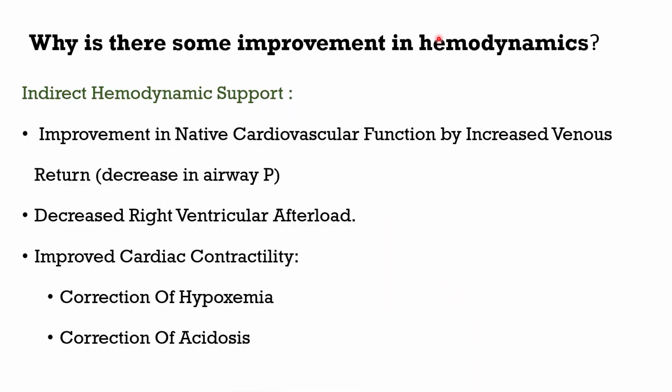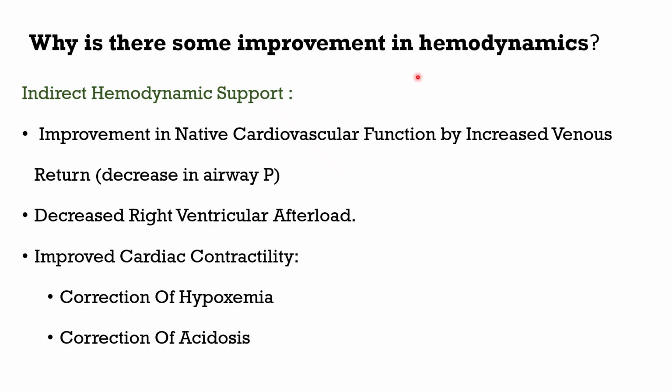The question that comes to mind is why there is some improvement in hemodynamics while we are using VV ECMO. There is indirect hemodynamic support. After inserting ECMO, we decrease ventilatory support or ventilatory pressures. A patient who has ARDS and requires ECMO has high ventilatory pressure, like high plateau, high PEEP, and high tidal volume.